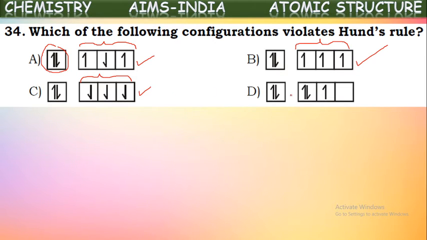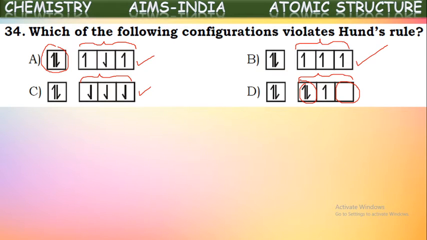And if you observe the fourth one, here there are 3 degenerate orbitals. Instead of filling these 3 degenerate orbitals with a single electron first, by keeping this vacant, pairing is taking place here. So this is incorrect according to Hund's rule. That means it is violating Hund's rule.